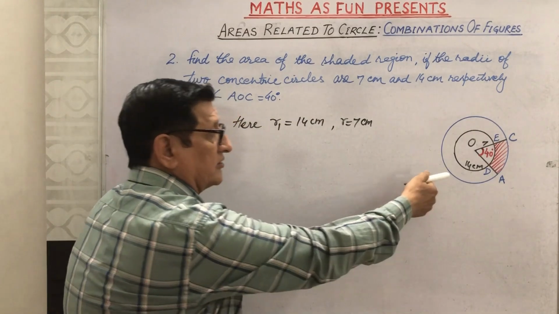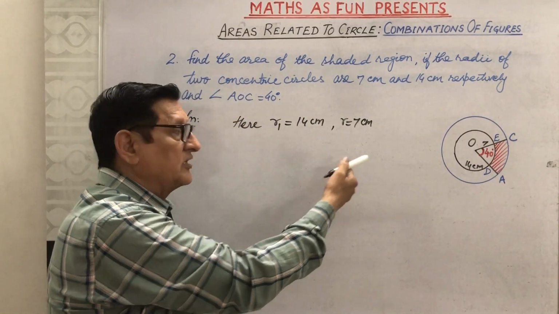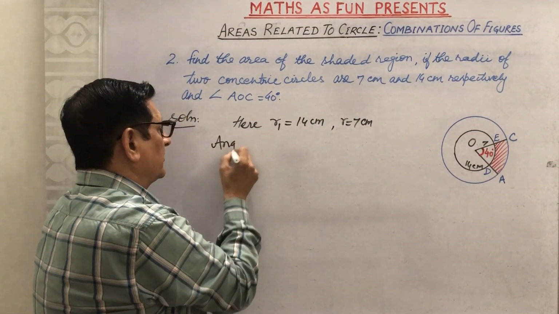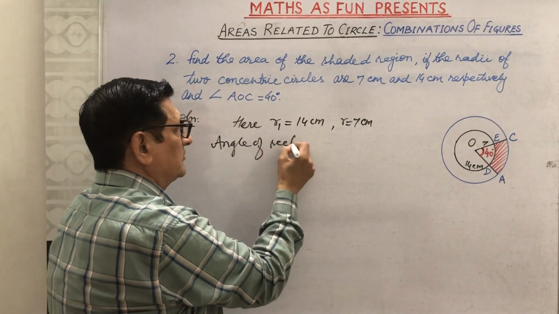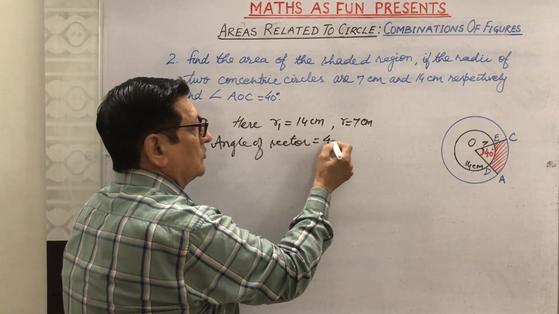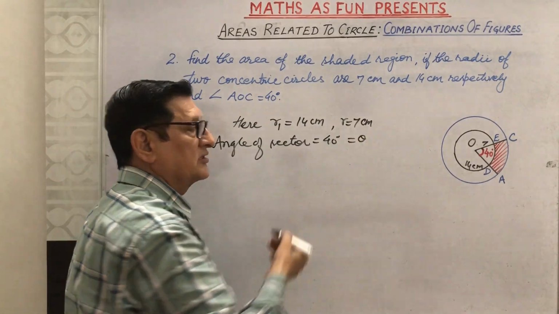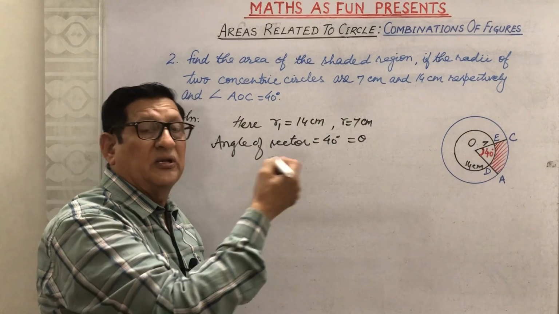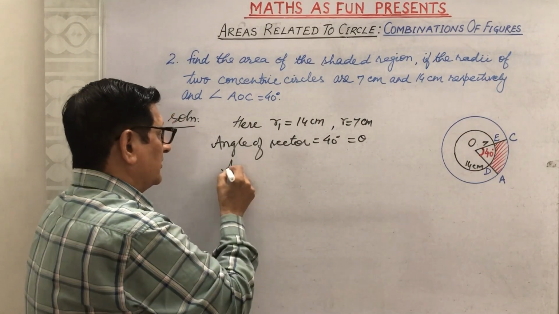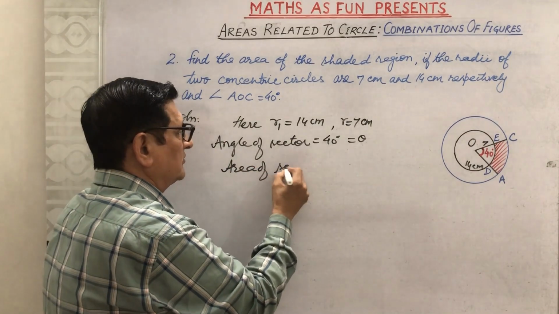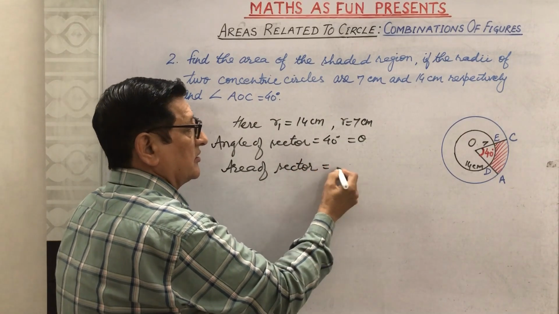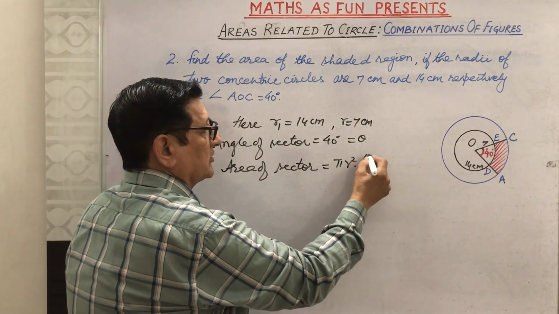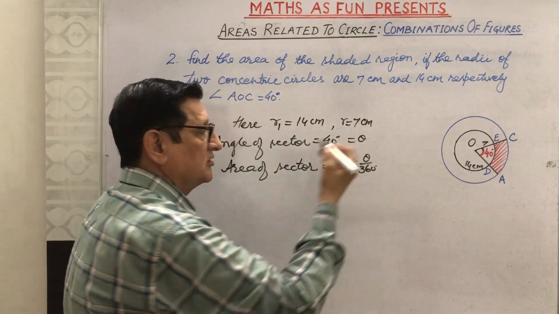The angle of sectors, both the sectors is the same, that is 40 degree. So we can write here angle of sector is equal to 40 degree, that is theta we consider. We know the formula for area of sector. Area of sector is equal to pi r square into theta upon 360 degree.